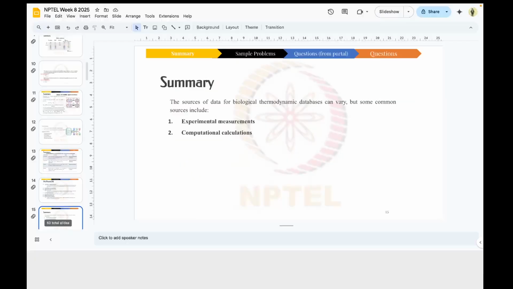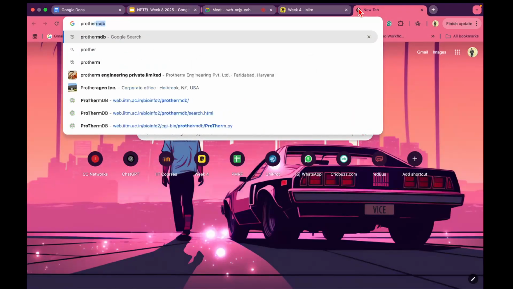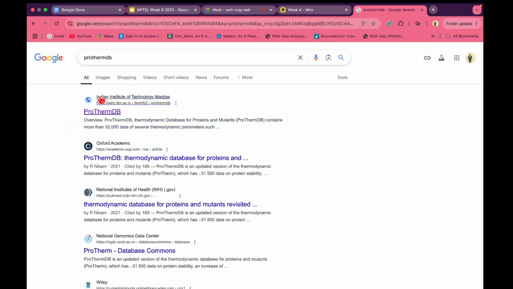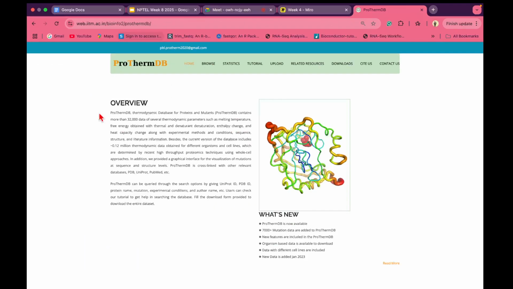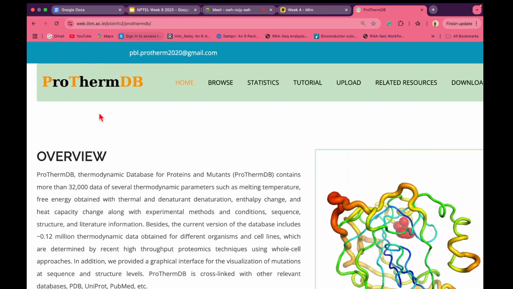So before moving on, let's see how ProThermDB works. In Google one can type ProThermDB, ProTherm database, or protein thermodynamic database. Enter the first link from Indian Institute of Technology Madras. So this is the home page for ProThermDB.